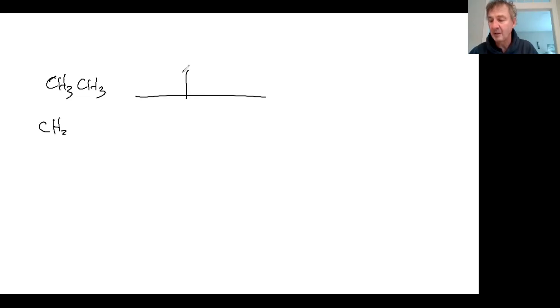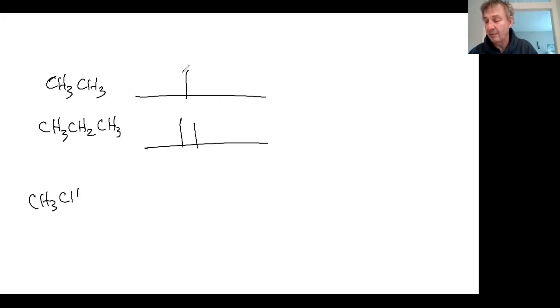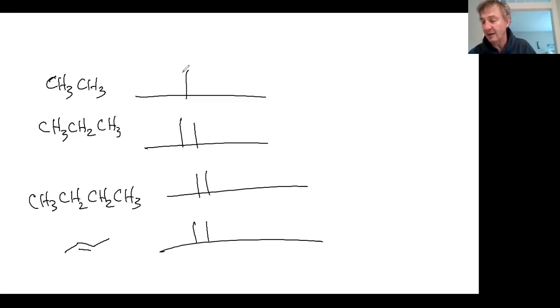This one has 2 CH3s on the end that are the same, one in the middle that's different. Those 2 are different, but the outside ones are the same, the CH3s, and the inside ones are identical, right? For this one, the outside ones are the same, the inside ones are identical, 2 peaks.